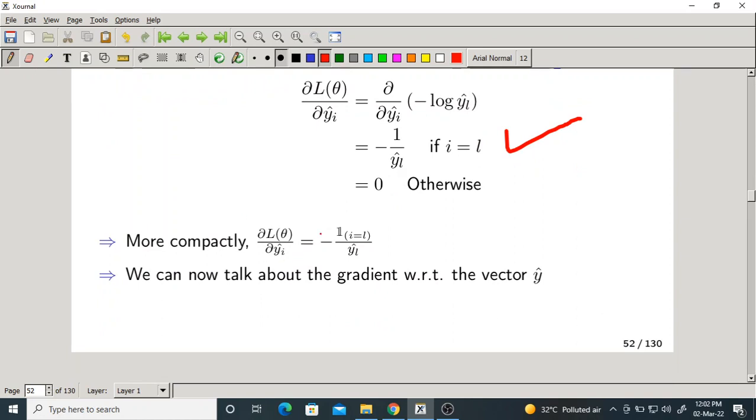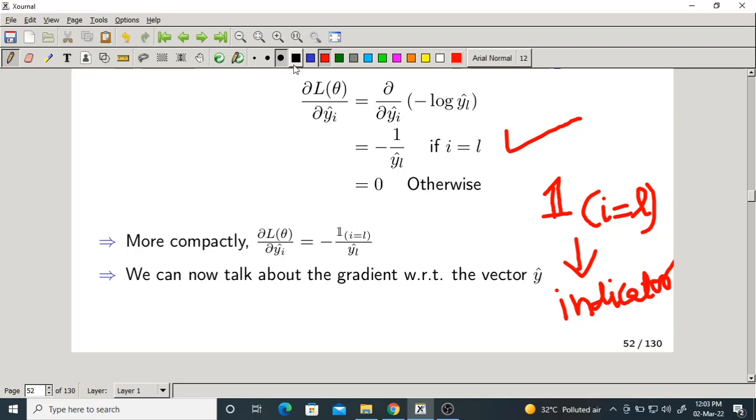So this is simply denoted by this symbol. Please, this symbol is called the indicator symbol. What is the meaning of the symbol? If the quantity in the brackets is satisfied, it is 1. Otherwise, it is 0. Okay. If i equals L, 1. Then what happens now? Minus 1 by Y_L hat.